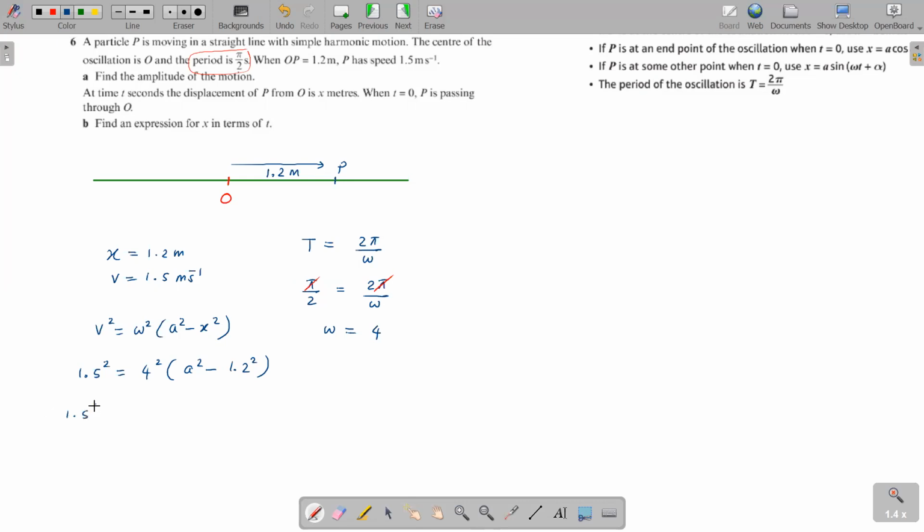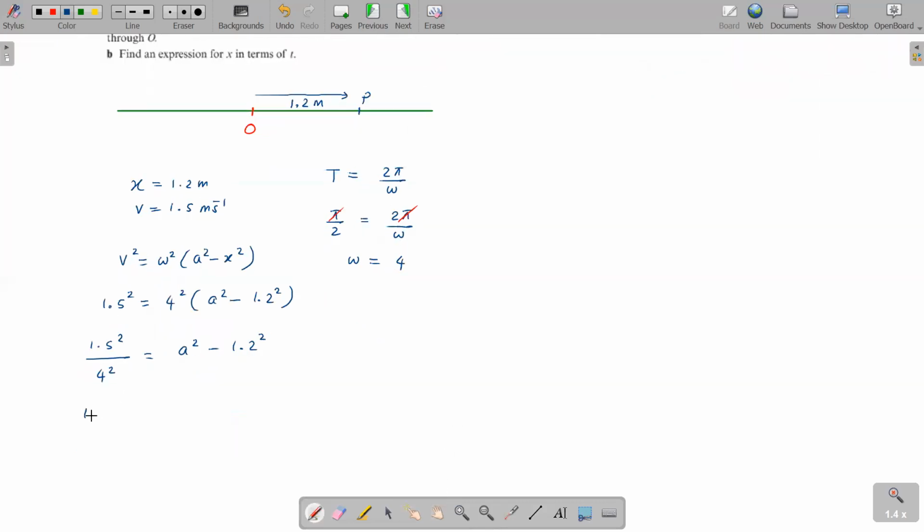So 1.5 squared divided by 4 squared equals A squared minus 1.2 squared. Do you agree? So 1.5 squared over 4 squared, that's actually 1 over 16, plus 1.2 squared equals A squared. Can I have the answer here?